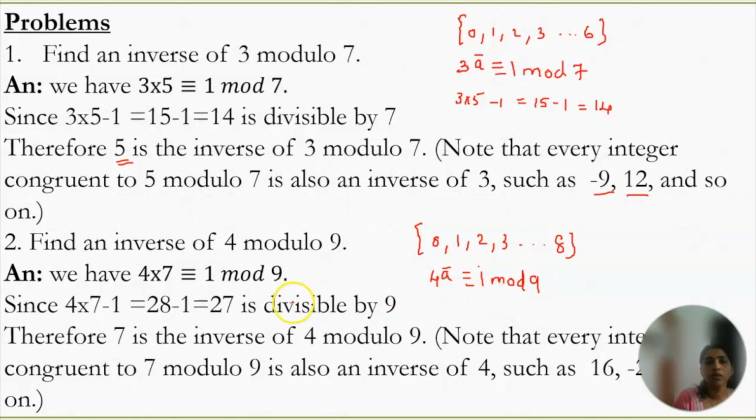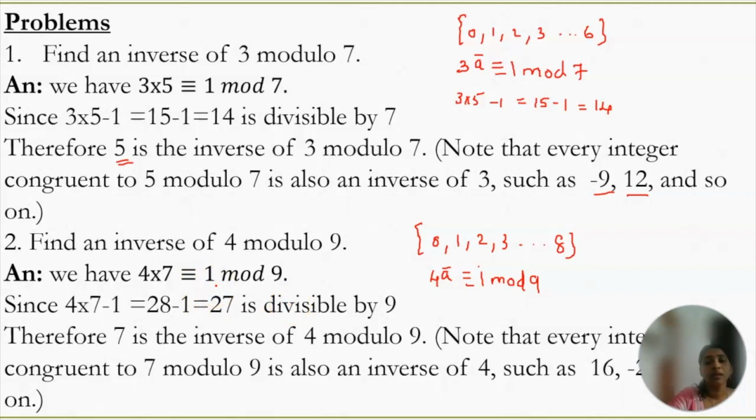So we have 4 into 7 minus 1 equal to 28 minus 1, that is equal to 27, which is divisible by 9. Therefore, 7 is the inverse of 4 modulo 9. And also, every integer congruent to 7 modulo 9 is also an inverse of 4. That is, the numbers 16, minus 2, etc. are also inverses of 4 modulo 9.